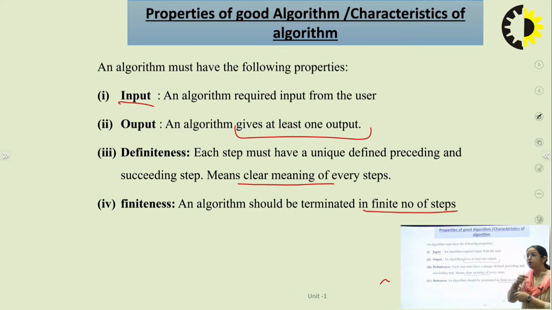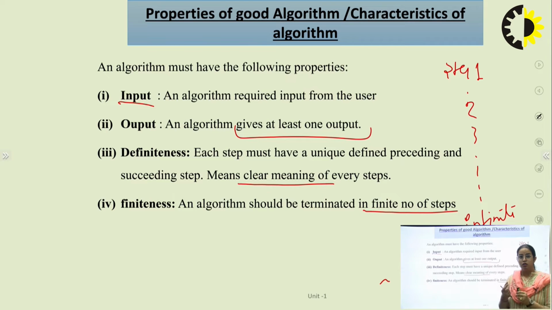If you are performing some computational task, we give input, perform computation, and at last we get output. So the number of steps must be finite. It is not correct that the steps go on, step number 1, 2, 3, and so on, into an infinite state. The steps must be finite, because we are solving a problem and we must get a solution for it.